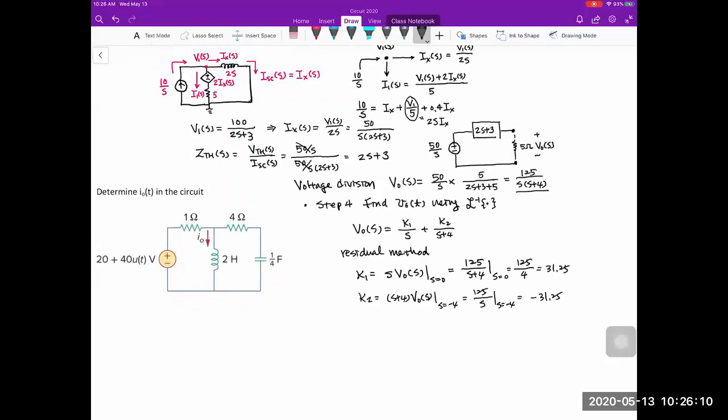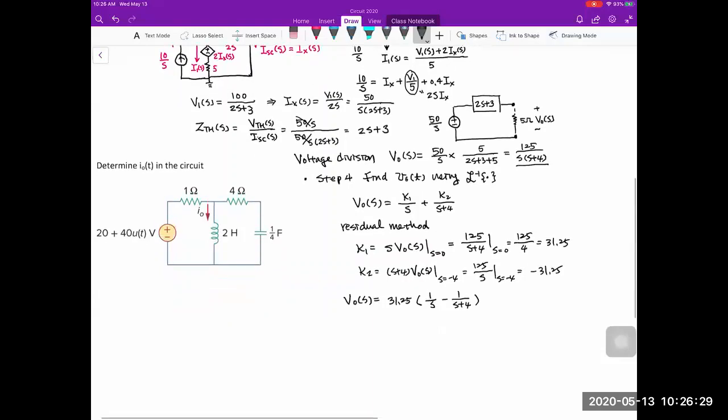And therefore, your V sub S is equal to 31.25 times 1 over S minus 1 over S plus 4. Then you take the inverse Laplace transform of this, that would be very simple. So V naught of T is equal to the inverse Laplace transform of V naught S, and that's 31.25.